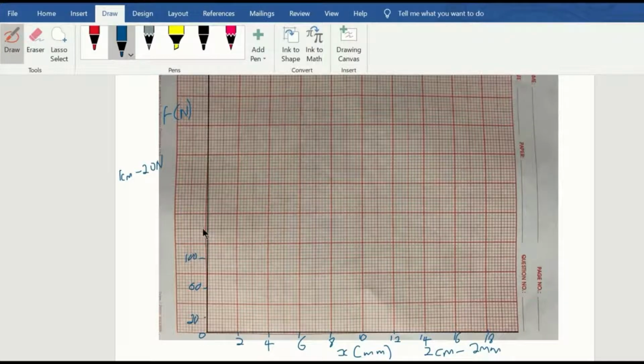120, here is 140, here's 160, this is 180, this is 200, this is 220, this is 240, this is 260, this is 280, this is 300.